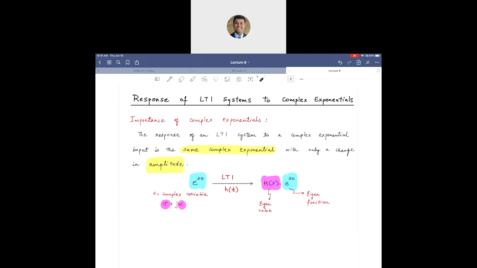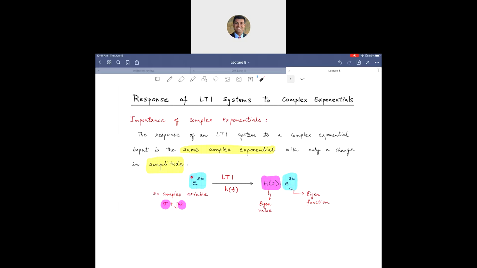You are evaluating capital H of s. What does that denote? That denotes the Laplace transform of the impulse response of the system, which is h of t. And more about the Laplace transform in just a minute. So H of s nonetheless is going to be related to the amplitude of this complex exponential.